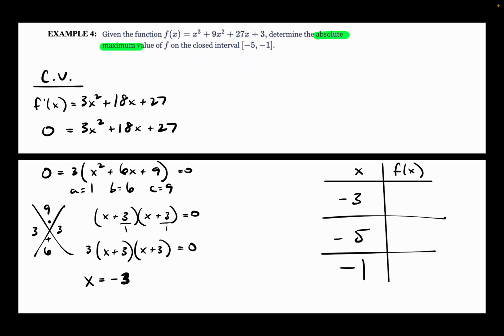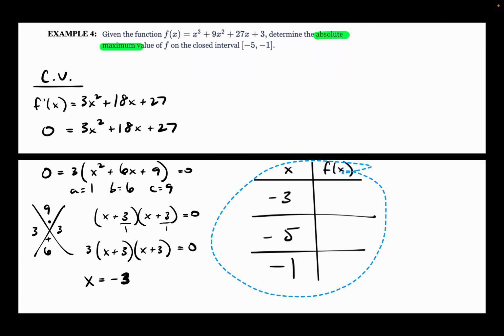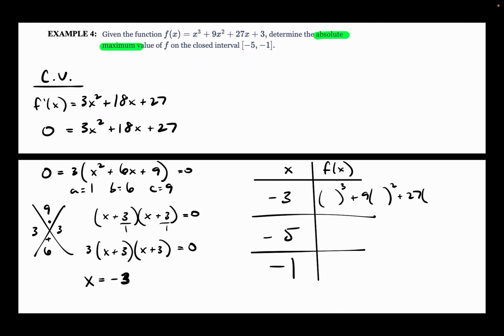Now I'm going to plug in -3 back into the original. I'm going to plug in -5 and -1 to see which one gives me the biggest y value. So x cubed plus 9x squared plus 27x plus 3.